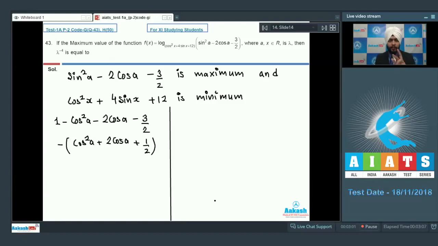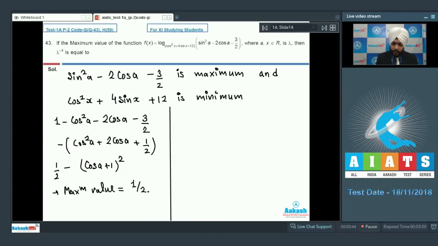That will be a negative half, so positive half gets added. 1 by 2 minus cos square a plus 2 cos a plus 1, so cos a plus 1 whole square. I need this quantity to be maximum. The maximum value will be when the perfect square goes 0. So the perfect square cos a plus 1 is 0 if cos a is equal to minus 1. So the maximum value is equal to 1 by 2.